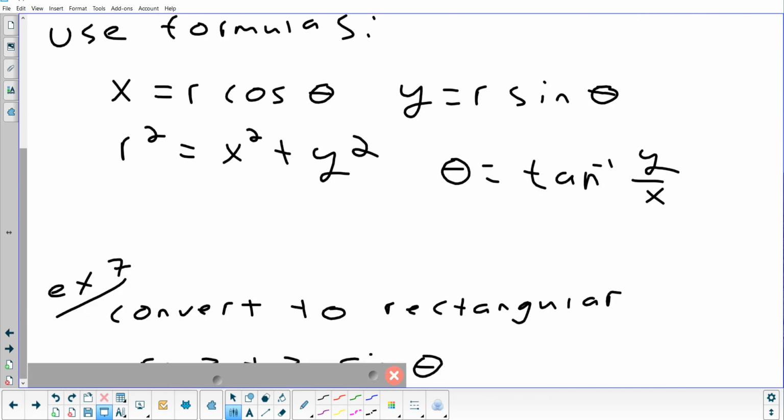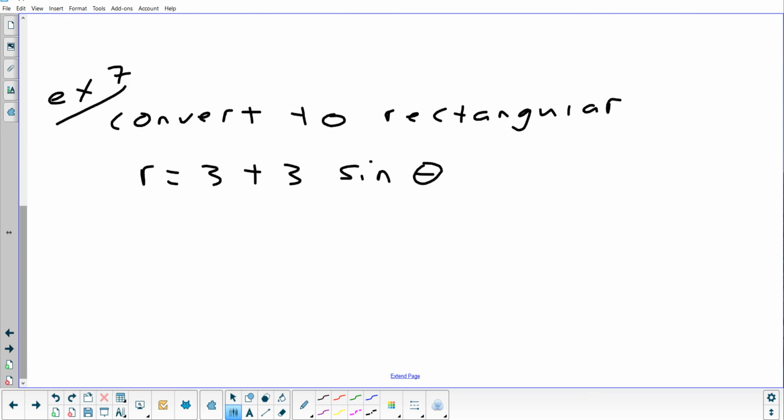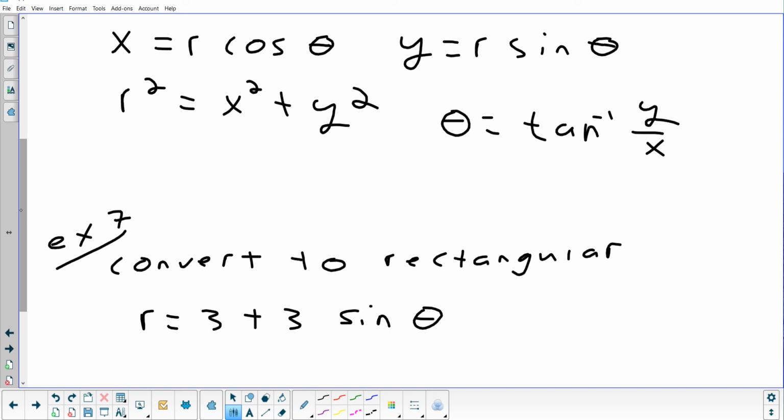The equation that we're going to do is 3 plus 3 sine theta. We just talked about this. What shape is this? It's a cardioid. So what we're going to do is convert this into rectangular.